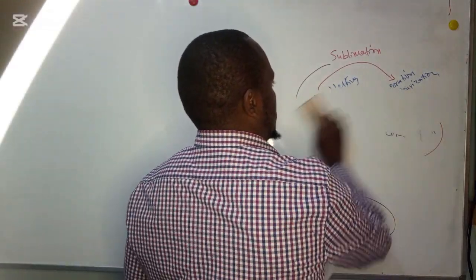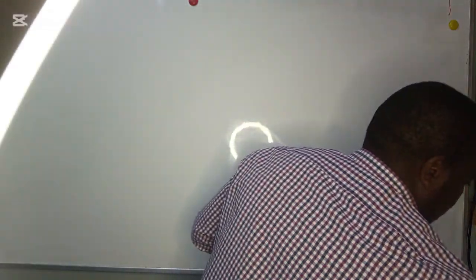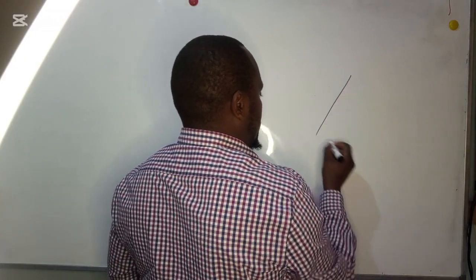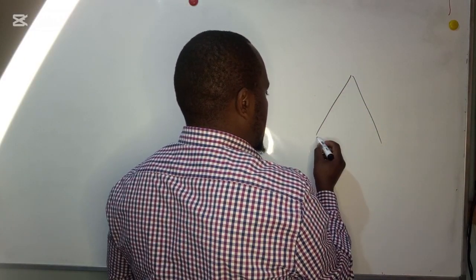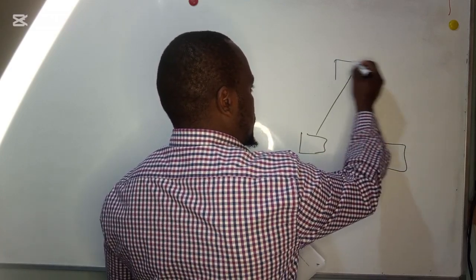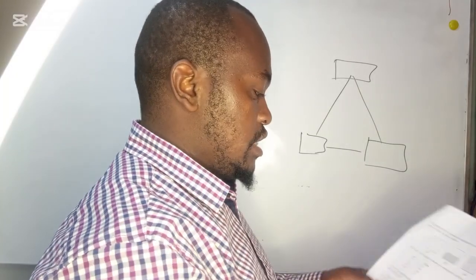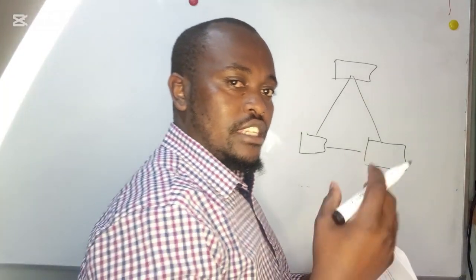So I am suggesting you also revise that. You are usually given this kind of diagram that shows you factors, and this question also wanted you to apply that knowledge.